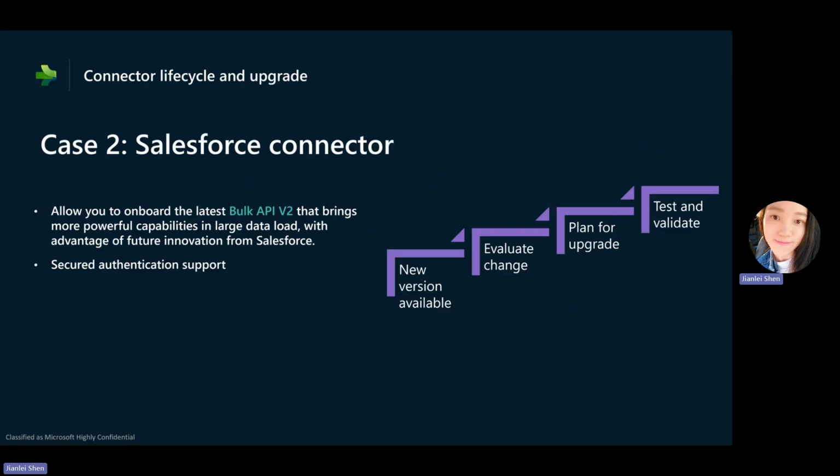Customers are encouraged to use Salesforce version 2.0 and take full advantage of the new API from the Salesforce side. We have also shipped more secure authentication type support in Salesforce. This, together with many upcoming features in Salesforce v2, will help customers a lot in their business.